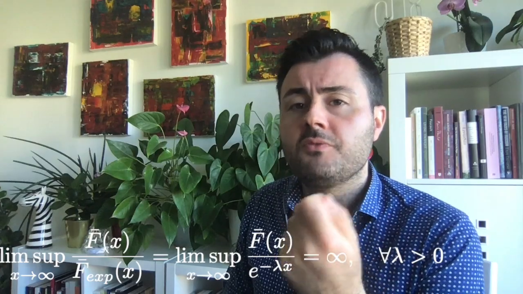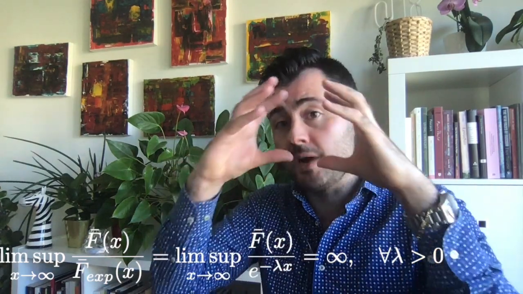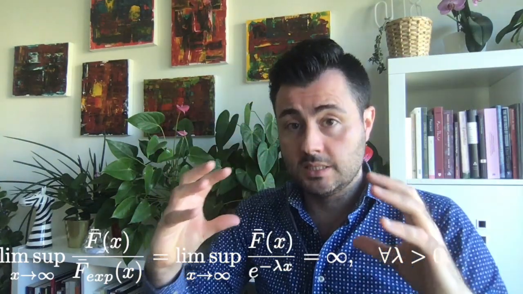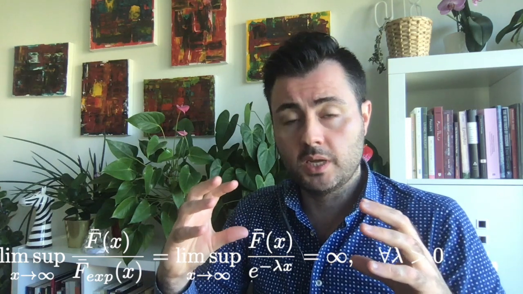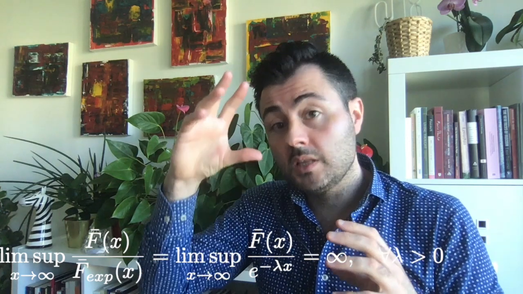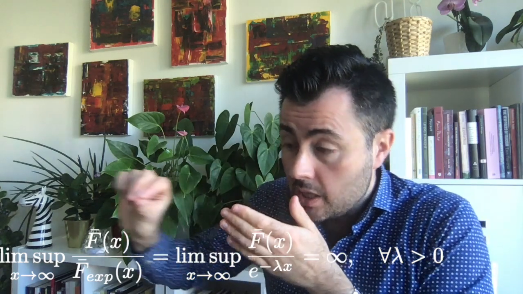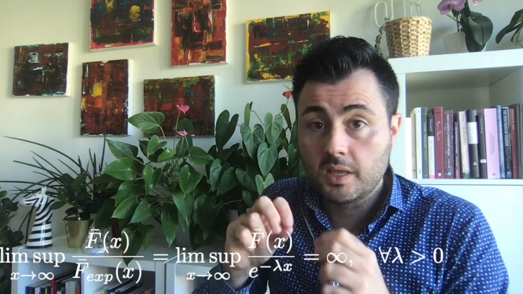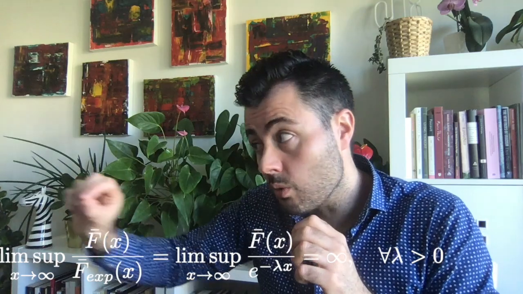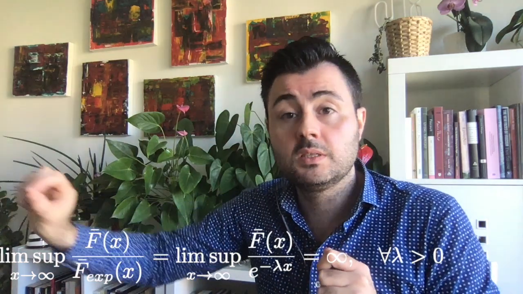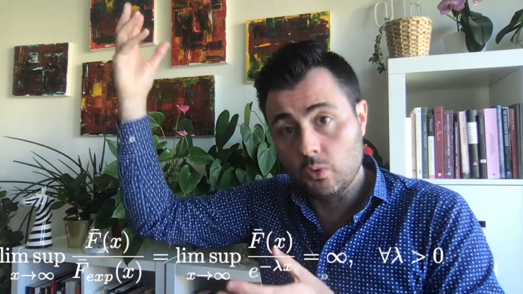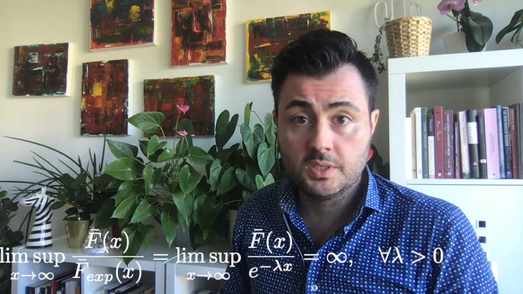It means that if I take the ratio of my survival function and the survival function of an exponential random variable, then this ratio, if I zoom in into the tail, so if I take my value small x growing to plus infinity, then this ratio explodes to plus infinity.